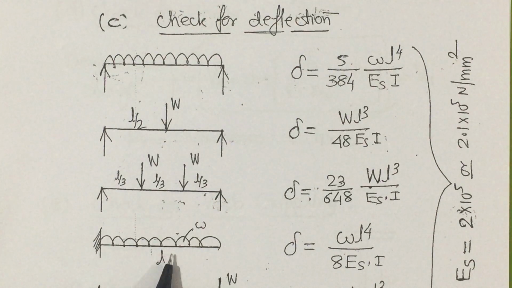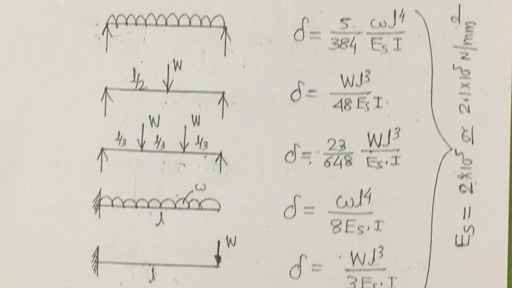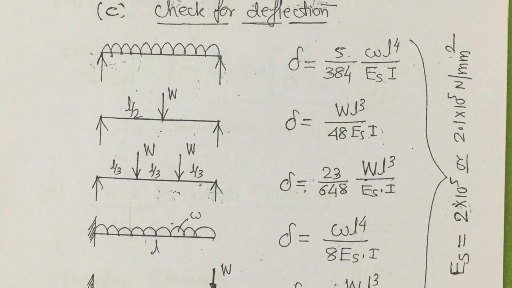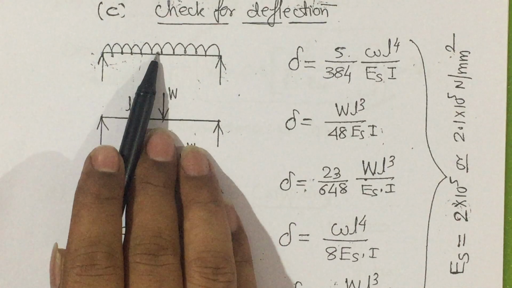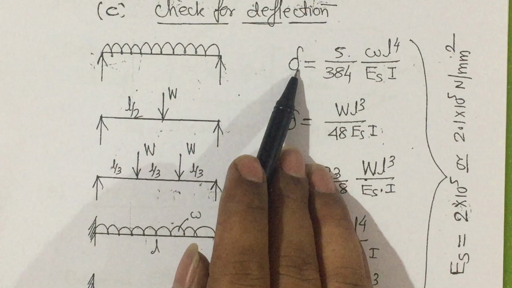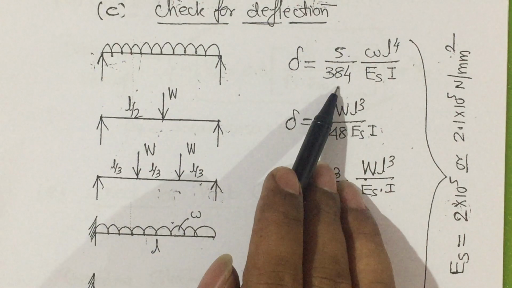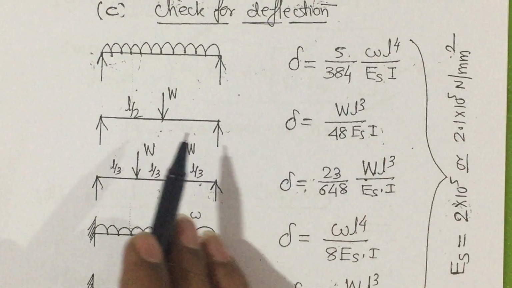Then cantilever beam with UDL, cantilever beam with point load acting at the free end. The delta values are given by, for the first case, SSB with UDL, SSB is nothing but simply supported beam, delta is given by 5/384 WL to the power of 4 divided by EI.